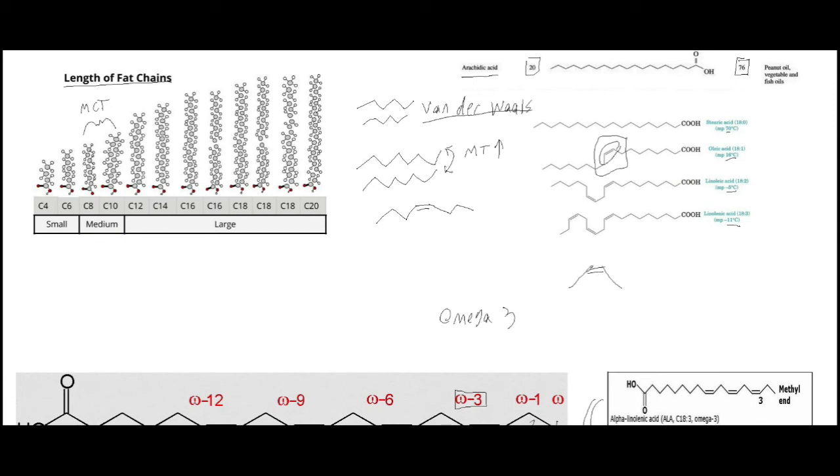So what that means is we always have these bonds going like this, and when we have it going in the same direction like this, like what we have right here, where the bonds are coming off those carbons in the same direction, this is called a cis double bond. And it is also possible that you have the opposite, where these bonds come off in opposite directions, which is called a trans double bond.